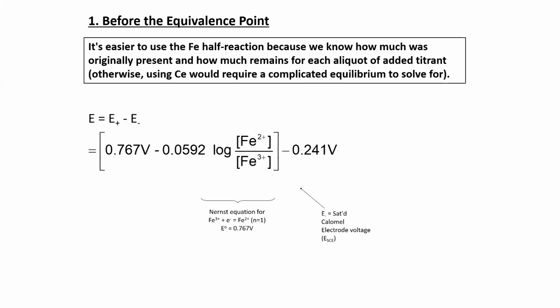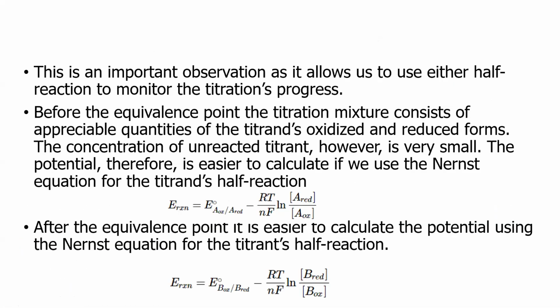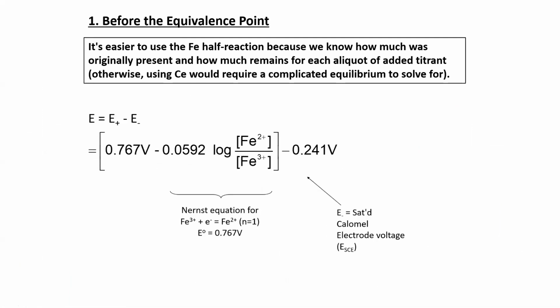So you can see here now that we have the potential measured for iron, and we have the concentration of iron 2 and iron 3. You can find the log of iron 2 and iron 3, and you subtract the standard calomel electrode voltage from it. Going back to that equation, this is the potential, and the standard calomel electrode potential is now subtracted from it.